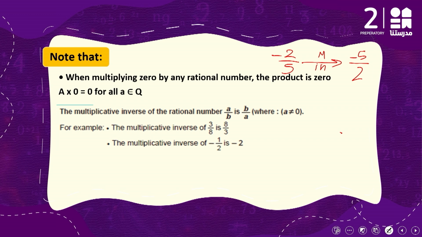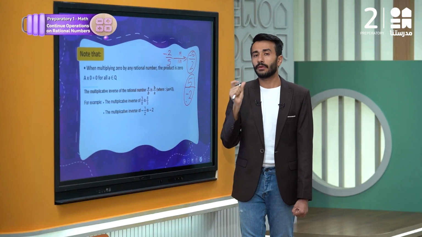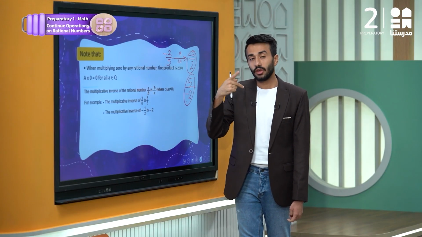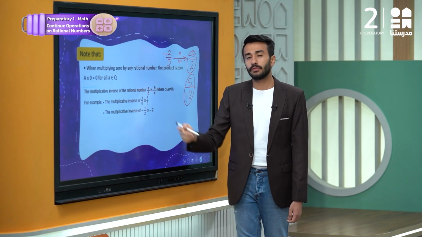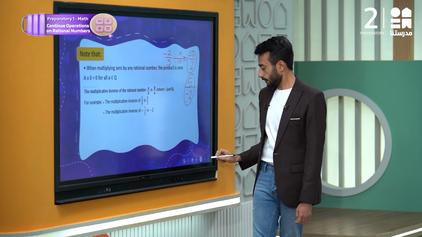Leave it as it is. We can write it here or here, it's okay. And this is the inverse of negative 2 over 5. Take care, we don't change the positive or negative signs. We just change the fraction, because this is multiplicative inverse, not additive inverse.